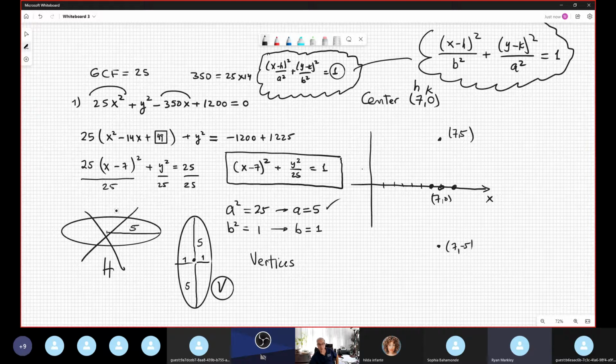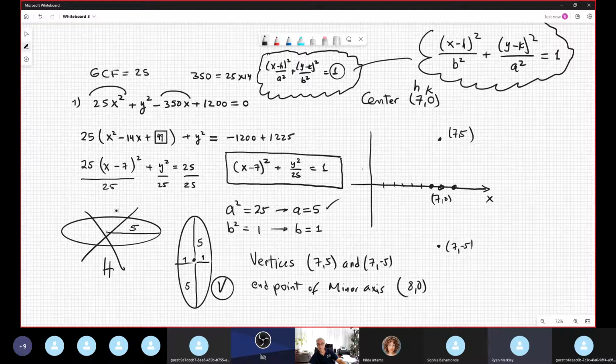The vertices, let me slow down, are 7, 5 and 7, negative 5. Cool. The endpoints of the minor axis are distance 1 right and left in this case because it's vertical. And this point is 8, 0, and 6, 0.